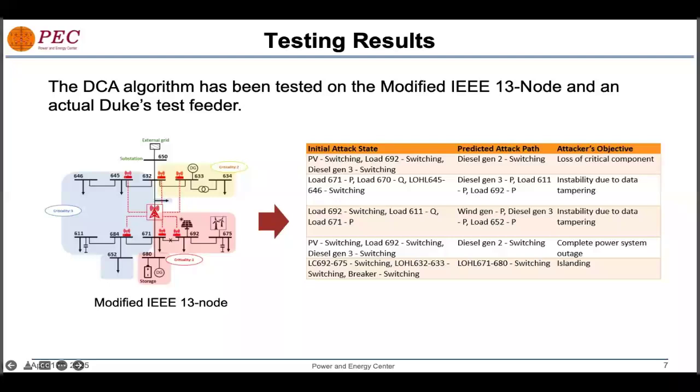Because these all happen in the cyber layer, we can capture the falsified data and also the replay attack before those reach the physical components, and so we can stop it before the actual harm happens to the system.